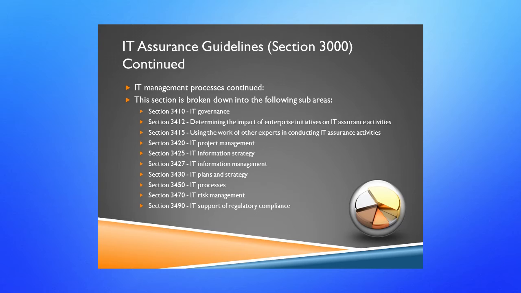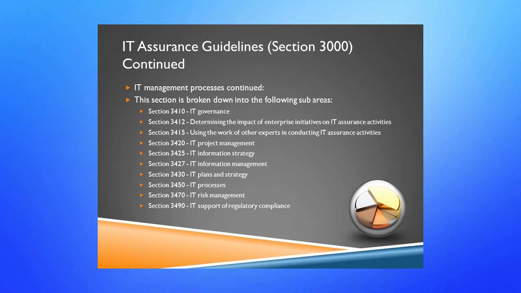Of course, we can look at the guidelines that help us in understanding the approaches to project management, which is Section 3420. 3425 was on the IT information strategy. 3427 was on the IT information management. 3430 deals with guidelines for plans and strategies. 3450 deals with the guidelines for your IT processes. 3470 was on your IT risk management.